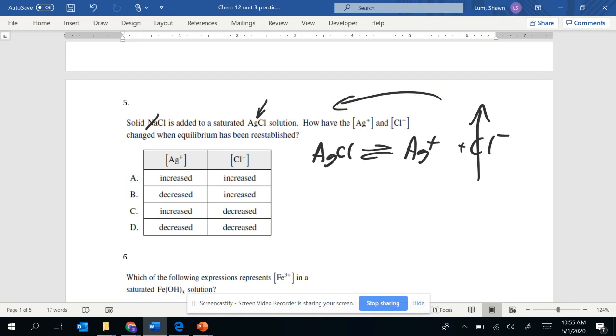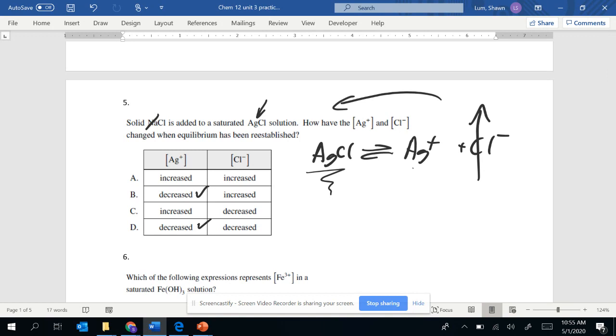Now when this shifts to the left, what is going to happen to the concentration of Ag? Well, Ag plus is going to turn into AgCl. So that means it is going to decrease. So we know the answer is going to be either B or D.